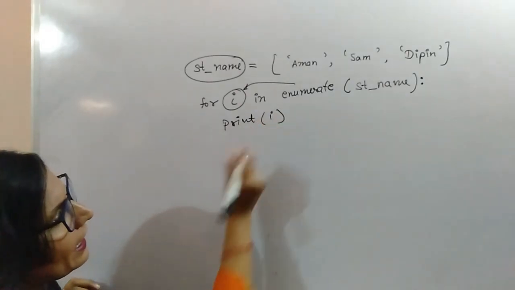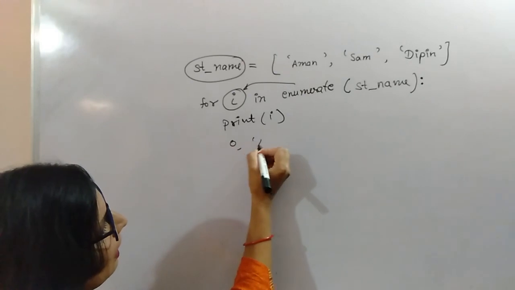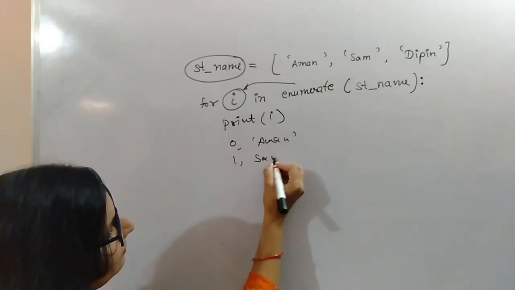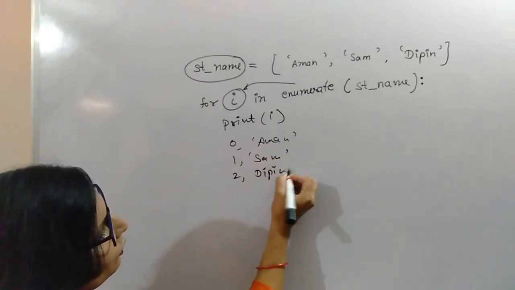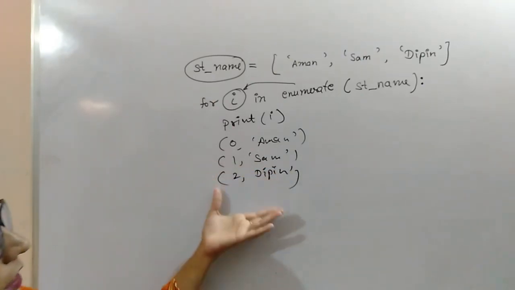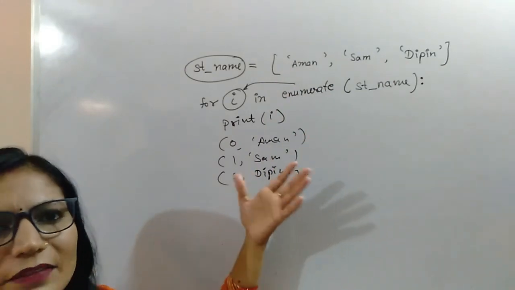So I'll print i, and the output would look something like this: 0, Aman, 1, Sam, 2, Dipin, and so on. So you simply get the index and the record, and you can apply this for any length of list or any length of iterators.